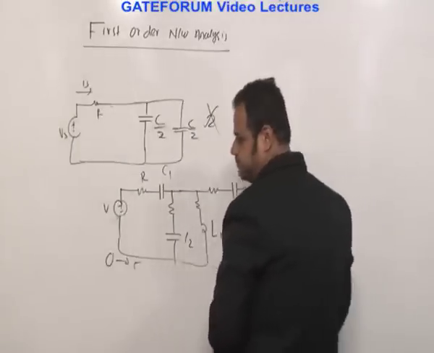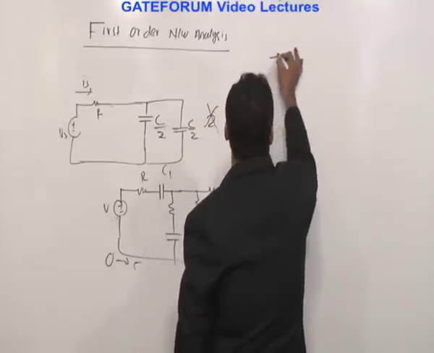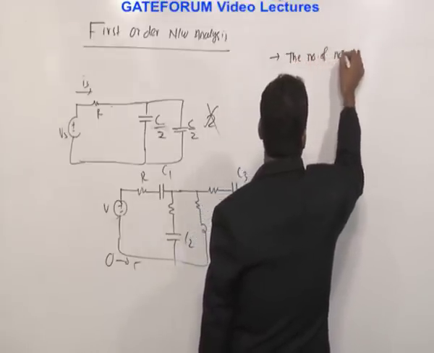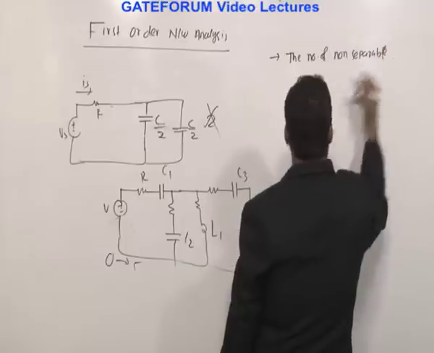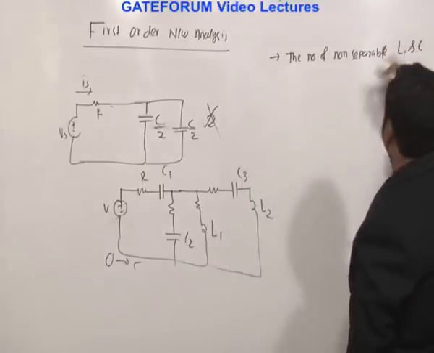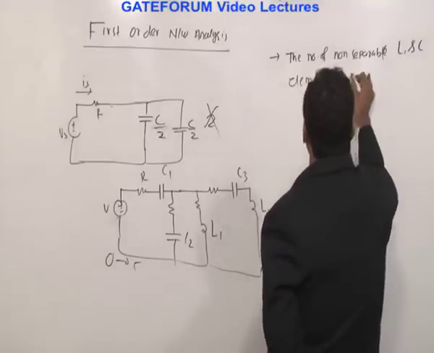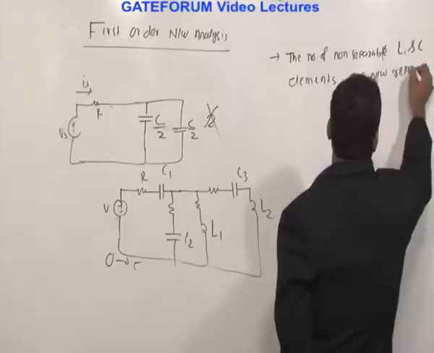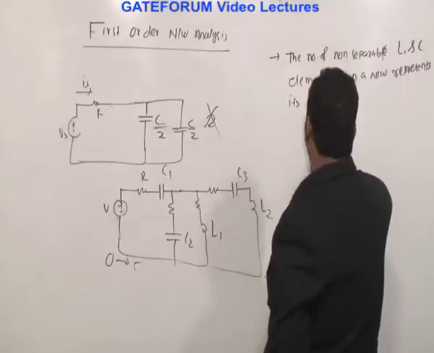So let me write down the statement. The statement is this: the number of non-separable L and C elements in a network represents its order.